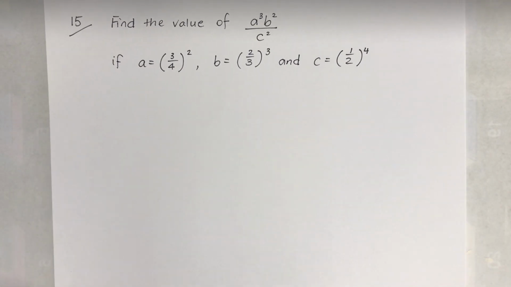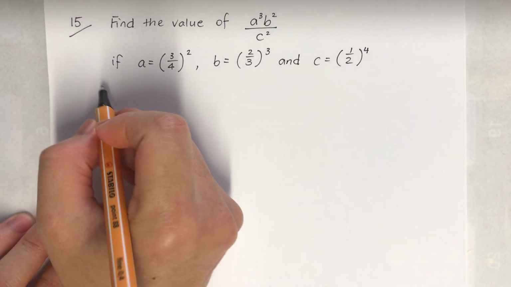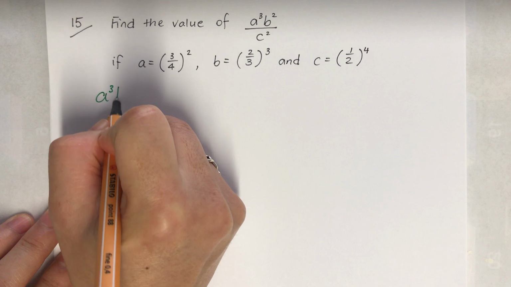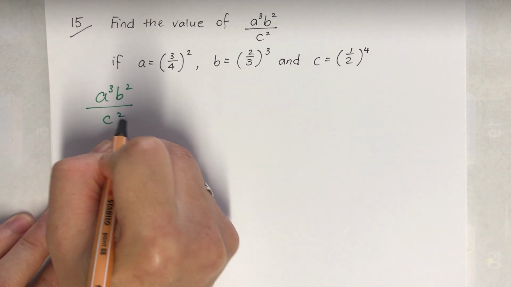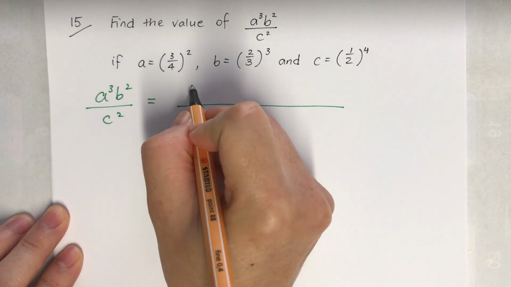Woohoo! Okay, so find the value of a cubed b squared over c squared, and I've got all this information that I need to use. All right, let's do that. I'm going to just rewrite the question, and then I'm going to put all that in there.